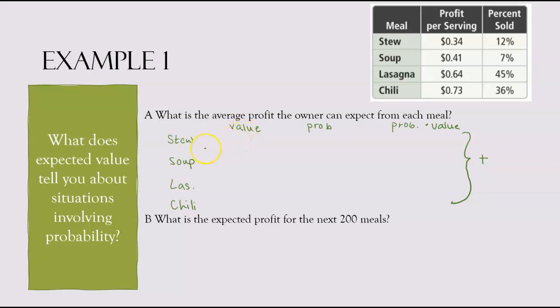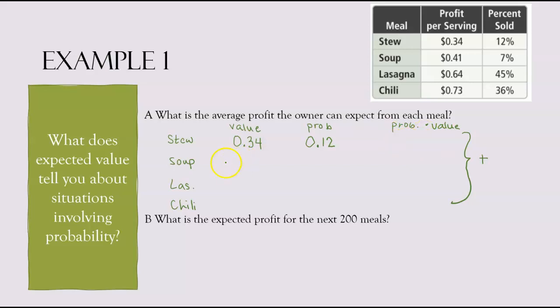And then in the end, after we figure out this whole column, we're going to add that column together. So if I can sell some stew, then I'm going to make 34 cents as the owner of this restaurant. I sell 12% stew, so the probability of getting someone to order my stew is going to be 0.12. And to get this part of the expected value, I'm going to do probability times value.